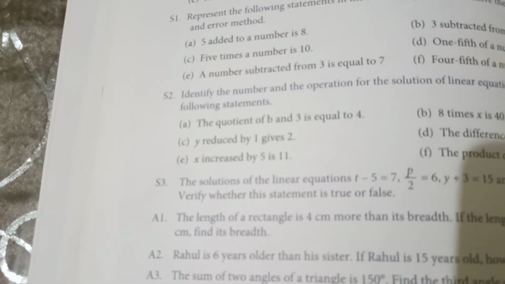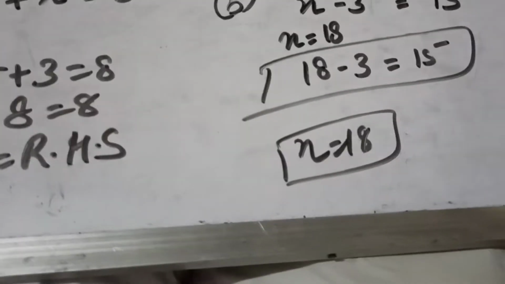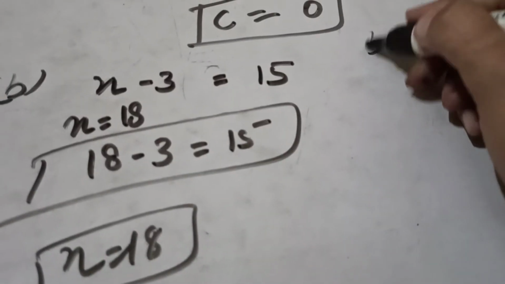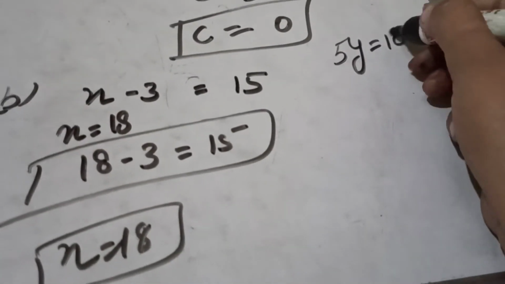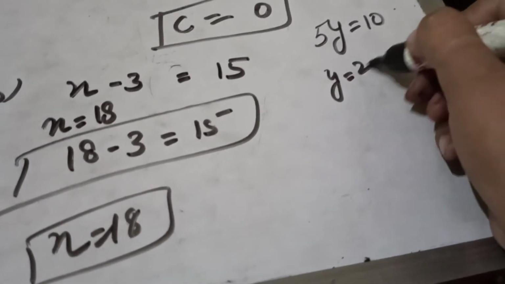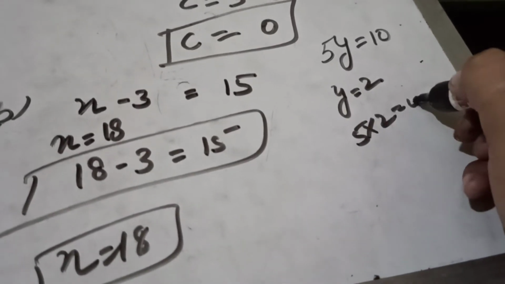After this, now see the C part. 5 times a number is 10. So 5 times a number means you will take 5y equals 10. So y equals 2. 5 2s are 10. Right?